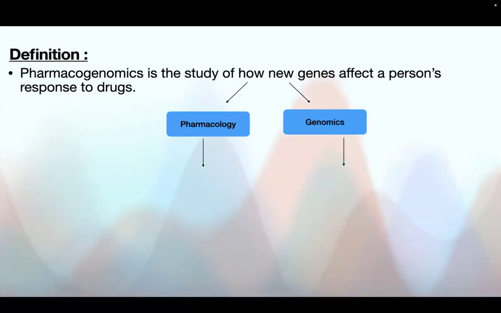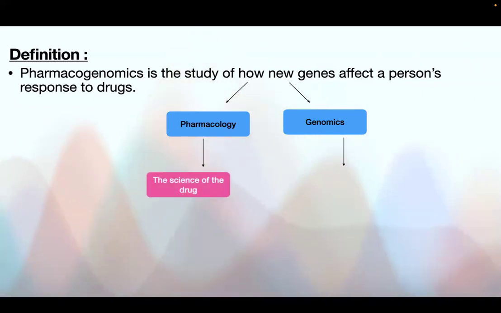Pharmacogenomics is the study of how your genes affect a person's response to a drug. In many reference books and many online sites, you will find different definitions of pharmacogenomics, but here, for concept clarity, we will have the simplest definition: it consists of two terms, pharmacology and genomics, and when you study how genes affect a person's response to the drug, that makes the whole definition of pharmacogenomics.